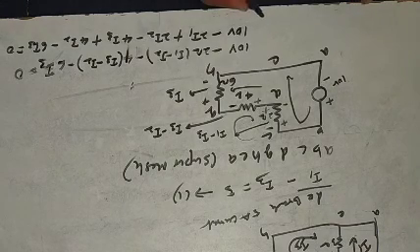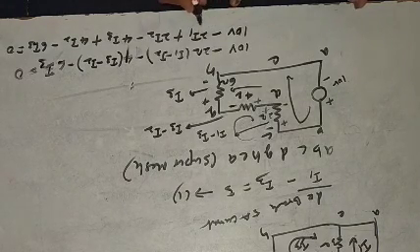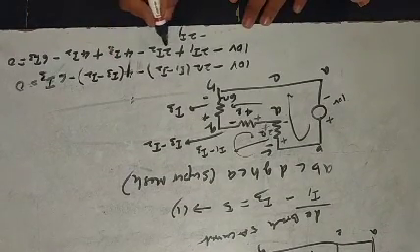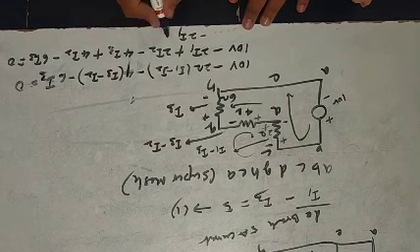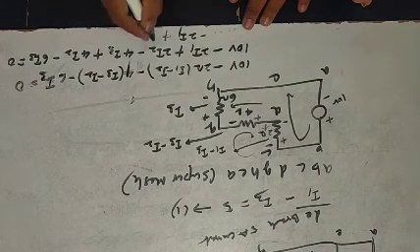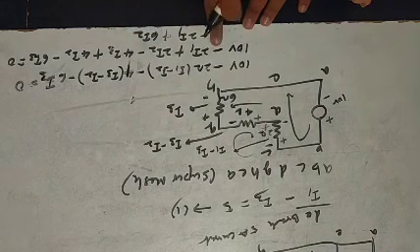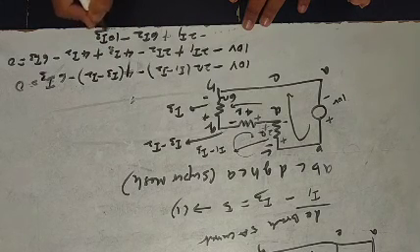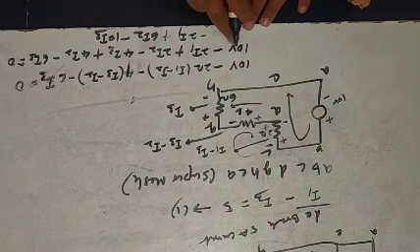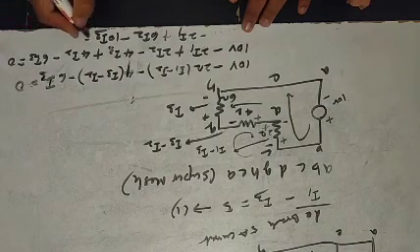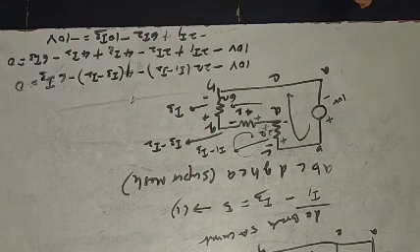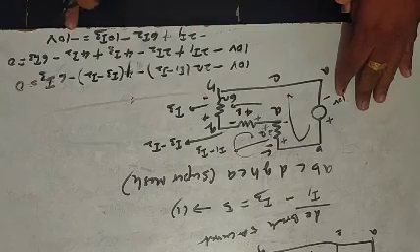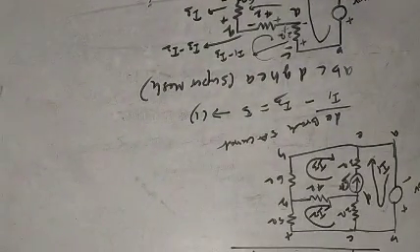I got only one term of I1, so minus 2 I1, and 4 I2, and minus 4 I3 minus 6 I3 plus 2 I3, and writing this 10 volt after the equals sign, it is minus 10 volt. Negative in the first term as well as negative here, we can multiply by negative.